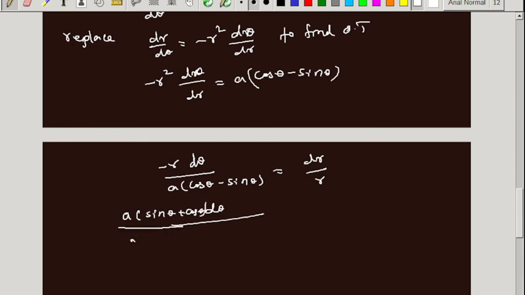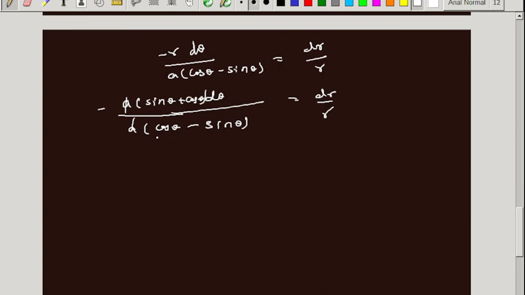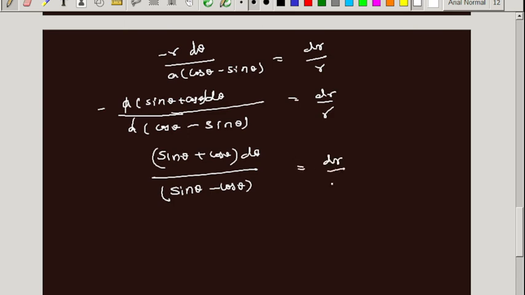Here we can cancel a, and multiplying the minus into the denominator, we get sin theta plus cos theta into d theta, with the denominator sin theta minus cos theta, equal to dr by r.